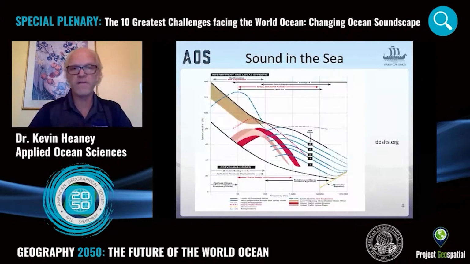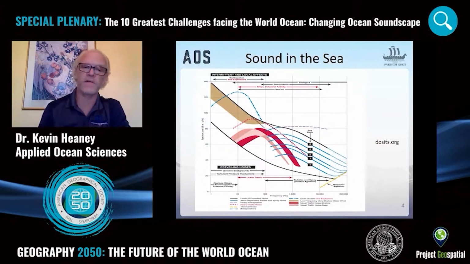So first, a bit of background. Sound travels very well in the sea, which is why marine mammals have evolved with the capabilities of listening and sending sound. Here's a plot showing levels and frequency on the x-axis. So very low frequencies are on the left with 10 and 100 hertz. That's what we hear, up into the 1,000 hertz and 10,000 hertz. This is where the dolphins transmit sound.